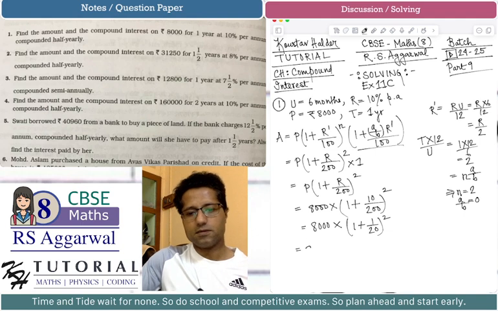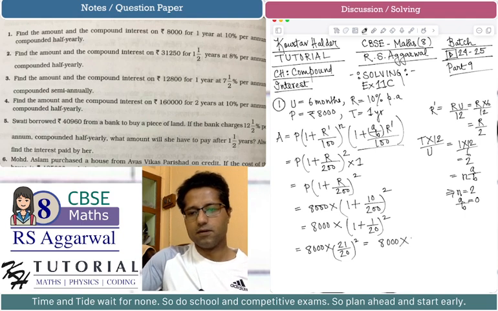So this is 8000 multiplied by 21 by 20 square. So this is equal to 8000 multiplied by 21 multiplied by 21 divided by 20 multiplied by 20.